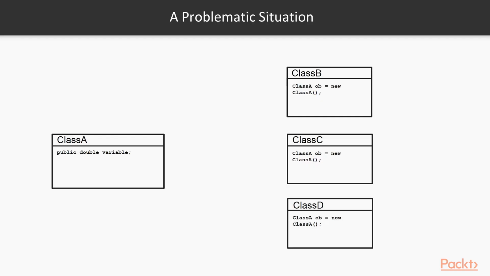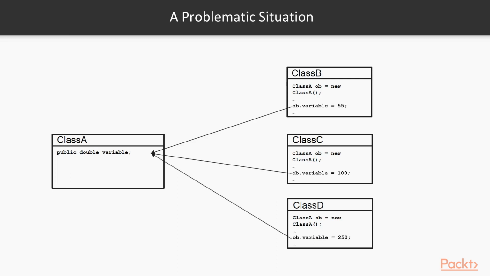To conceptualize this situation, let's go through it again. Class A has declared a public variable. And as the software is being developed, more and more classes create references to an object of class A and access the variable directly. What happened?